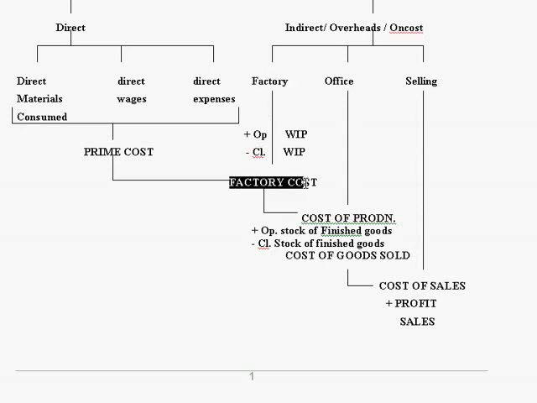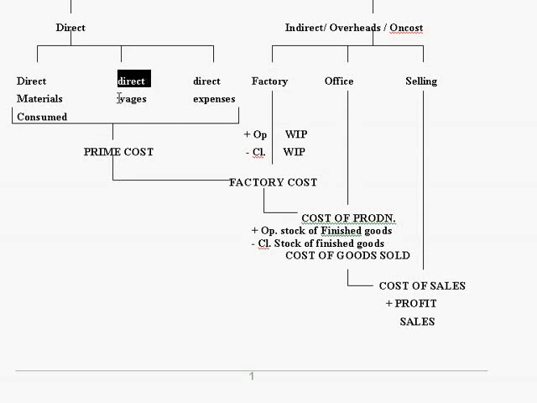So factory cost and factory on cost are different. Factory on cost means factory overheads. On cost is the second name for what? Overheads. So factory on cost means factory overheads. But factory cost means prime cost plus factory overheads. It's different. Is that clear?